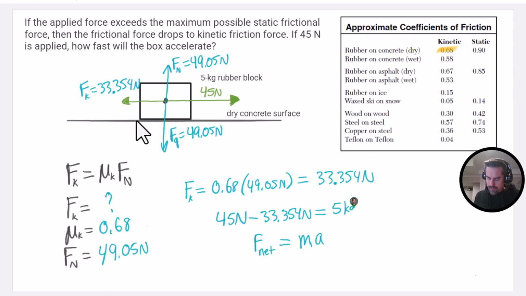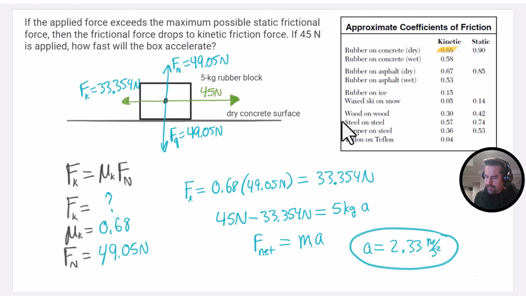Our object is 5 kilograms, and we're trying to find a. We solve for this, and I get 2.33 meters per second squared for the acceleration of the object.